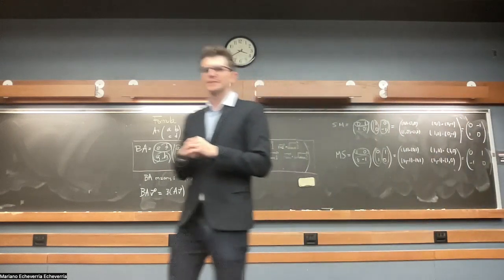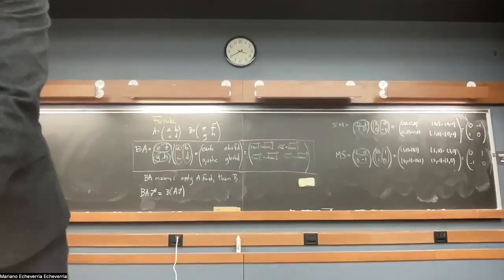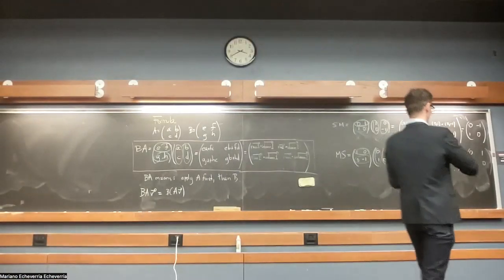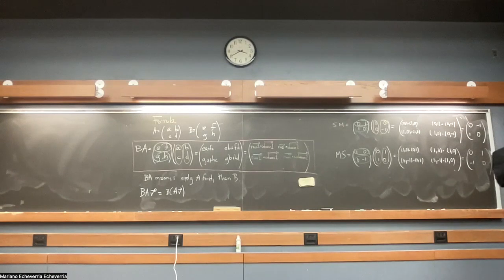Okay, so let's see. I have to give you a bunch of warnings of things that will go wrong with this matrix multiplication before giving you maybe the general formula. It's useful to have some warnings before telling you what it looks like in general.